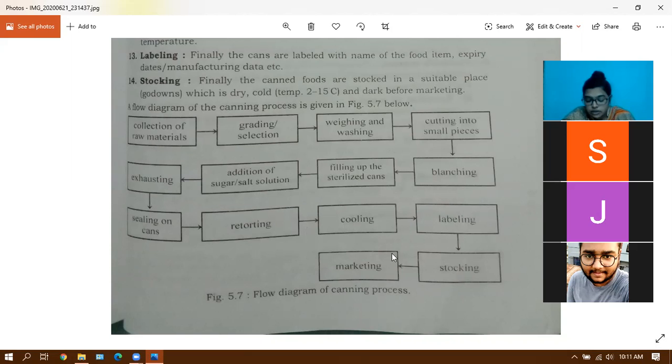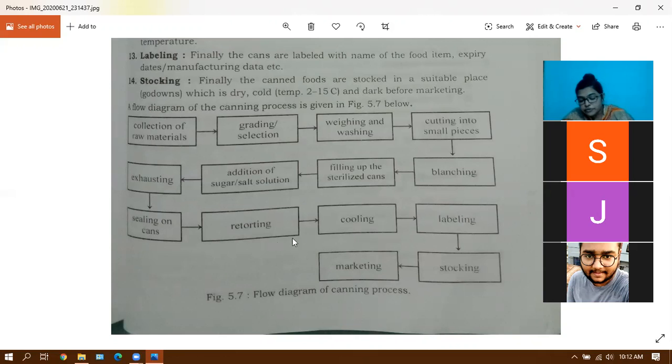Next is cooling. After retorting, the cans will obviously be hot. That's why these cans are cooled down to room temperature. Next, labeling. The cans are labeled with name of the food items, expiry date, manufacturing or packing date, etc. Then stock.